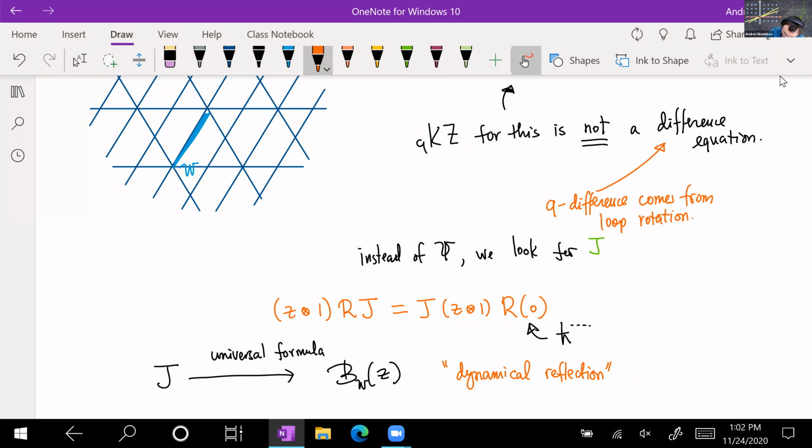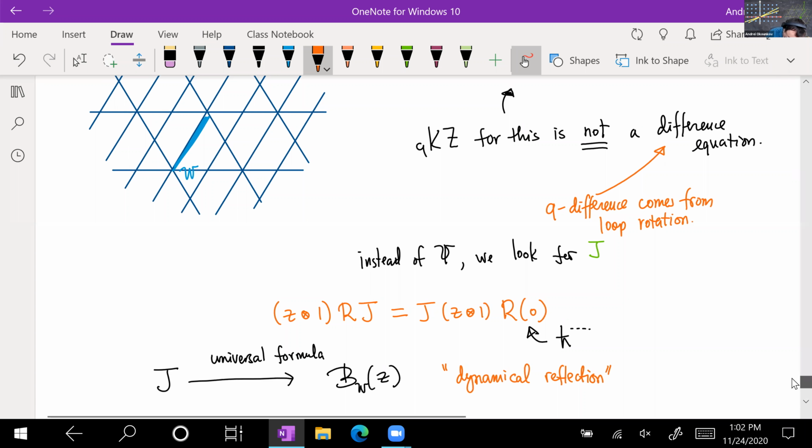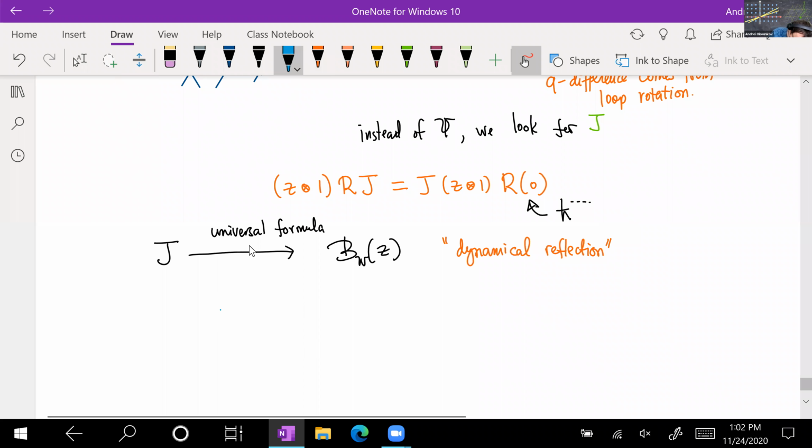And so what does universal mean? Universal means it only involves the canonical tensors in a Hopf algebra, namely multiplication and antipode.